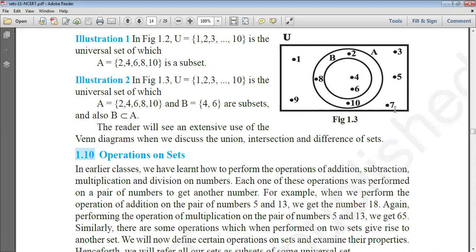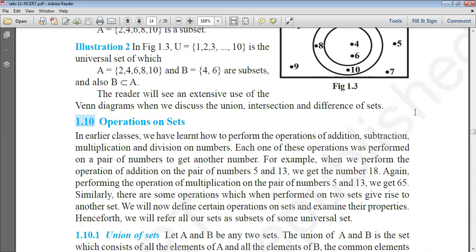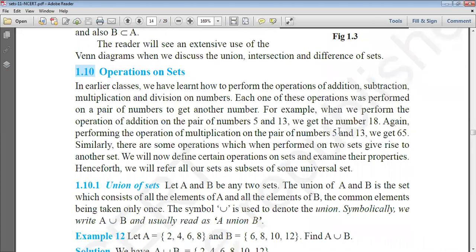Now, operations of sets. Operations are union of sets, intersection of sets, difference of sets. In operations also, we will be using this Venn diagram. With the help of Venn diagram, it becomes very easy to understand this.